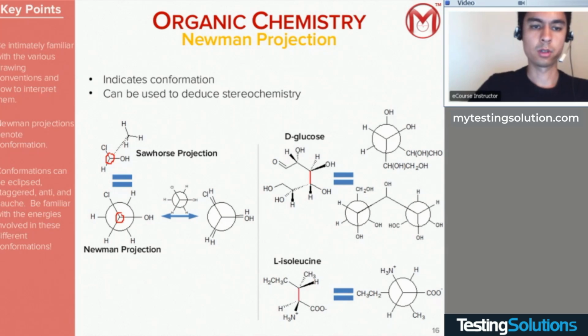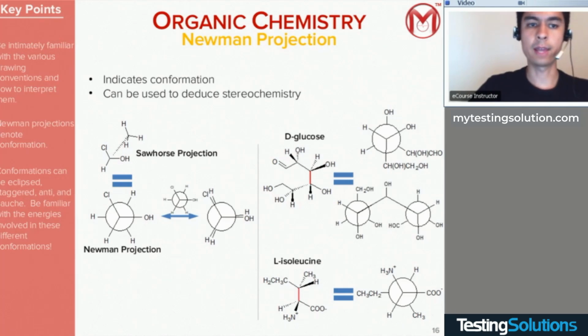And the ring, this carbon atom back here, is the carbon atom in the back. So I know from this Newman projection that I have a CH3 in the back because I have these H's attached to the carbon atom in the back, and that it is in fact this exact same structure.